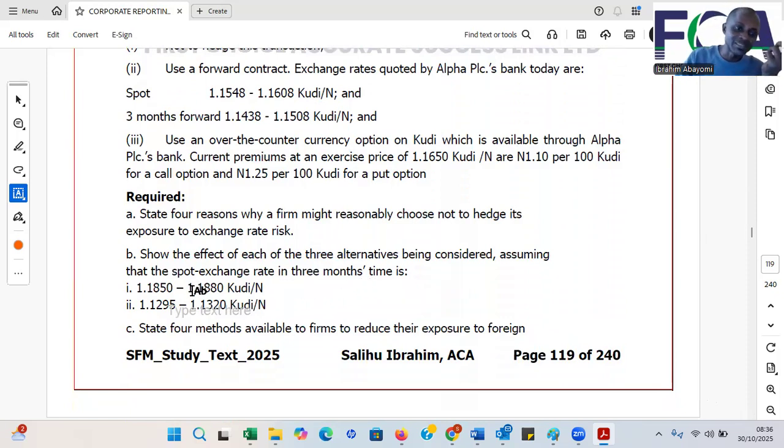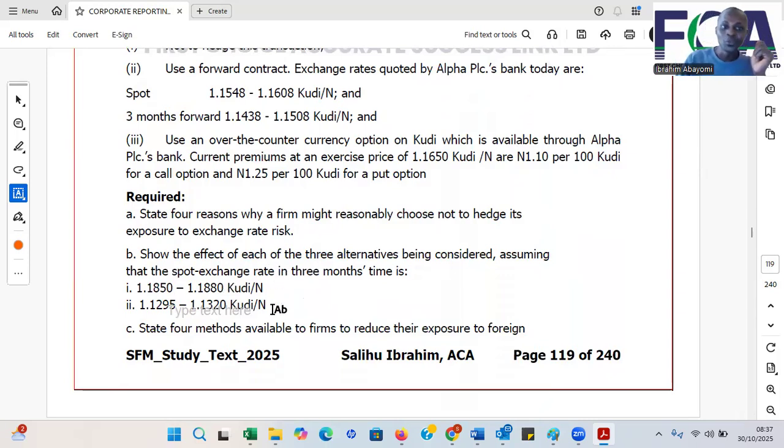But what is the exchange rate? This is an indirect quote, right? We talk about direct and indirect quotes. This is an indirect quote because the foreign currency comes before the naira.